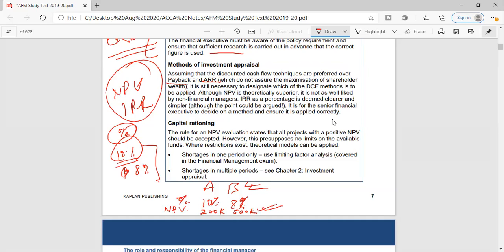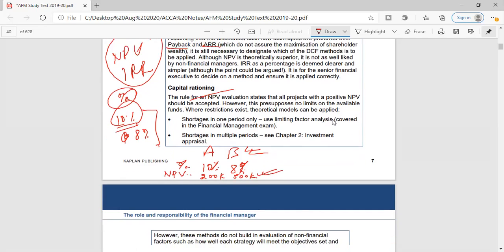So there are various methods and some conflicting methods as well. So we will take an overall decision on the basis of NPV, IRR, and many other factors as well. And it's not only the financial percentage only or financial dollar value only, which helps us decide the project. There are many other factors also.